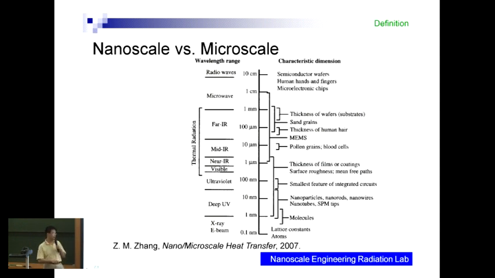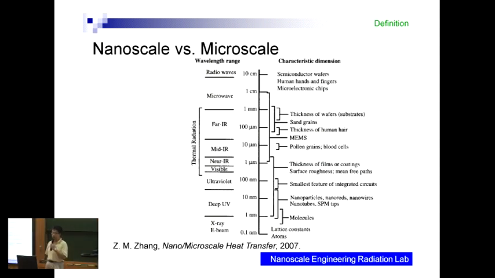Here is the graph to give you another idea from another aspect to see what is a nanometer. The left-hand side tells you the wavelength, the scale. The middle line tells you the dimension. The right-hand side tells you the characteristic dimension. For example, let's start from the longest one. The radio wave, 10 centimeter. It corresponds to semiconductor wafers.